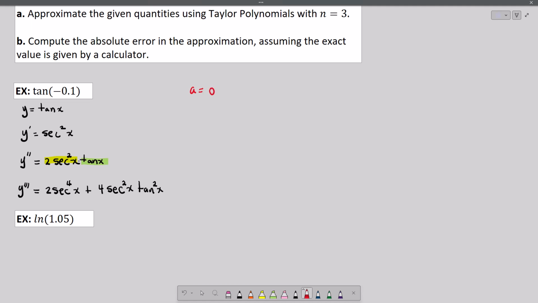So if we look at these trig functions, what are the 2 values that we can plug into tangent that surround negative 1/10? If we have negative 1/10, certainly 0 is on the right. What is the value on the left for which we know all those trig values?